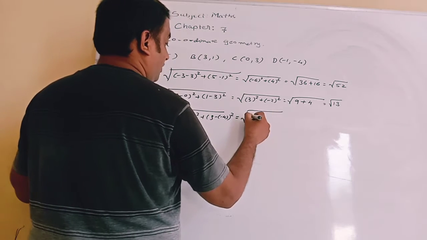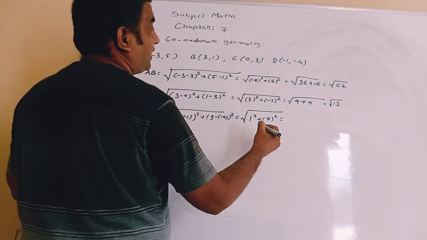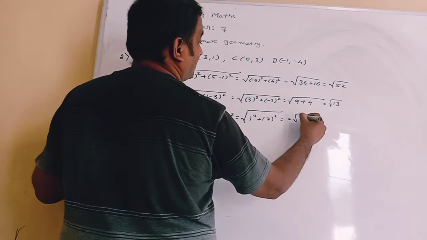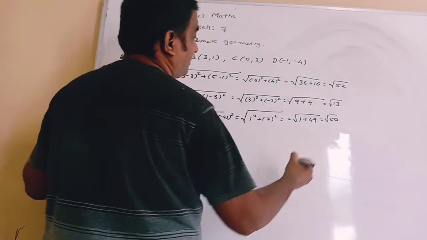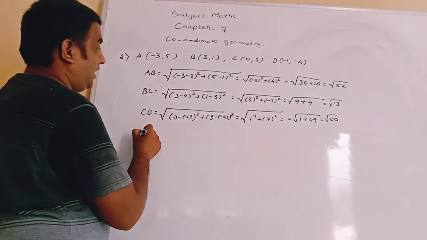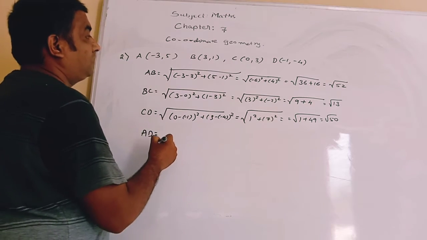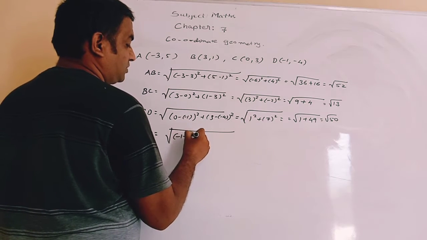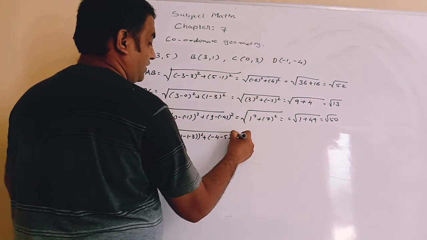So 1 square plus 7 square, that is 1 plus 49, root 50, and AD we calculate, then (-1 - (-3)) square plus (-4 - 5) square.